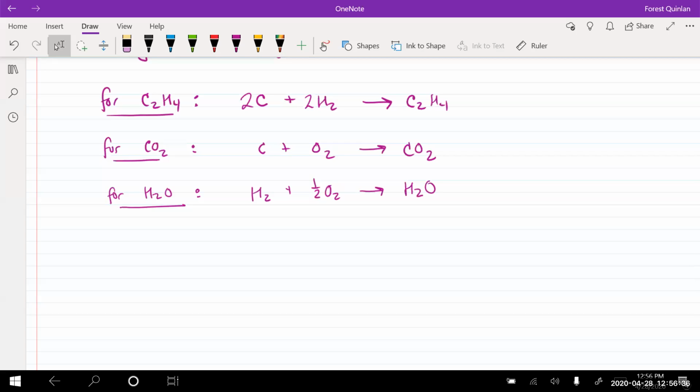Now, what about O2? Okay, so what are we going to do about oxygen? How do we write an equation for oxygen being formed from its elements?